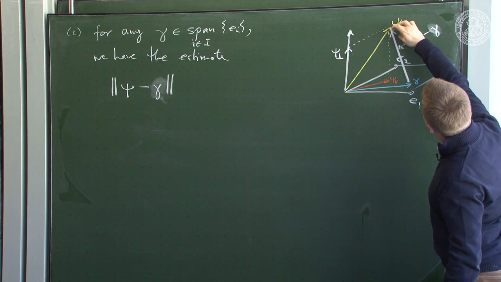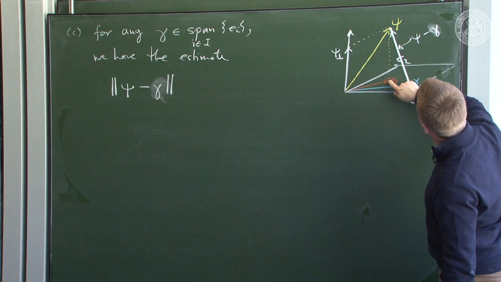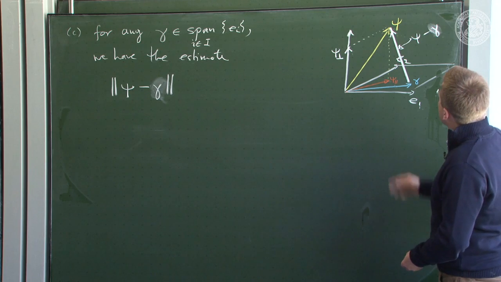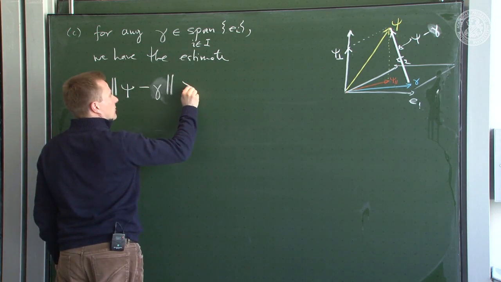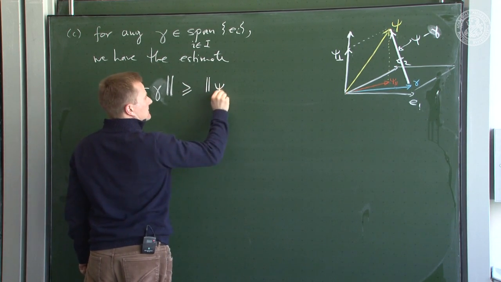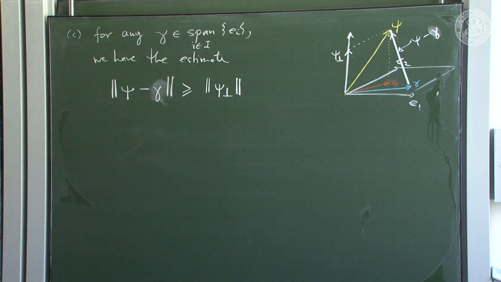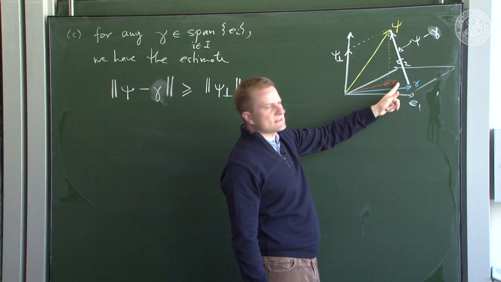And now compare the length in this intuitive picture of this one to the length of this psi orthogonal. And then you see, this is always greater or equal to the psi orthogonal length. Right? So this psi, not orthogonal, psi parallel.